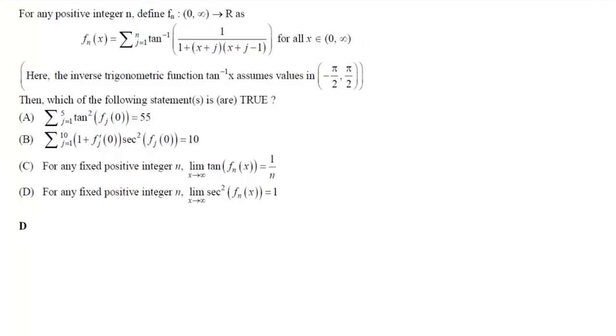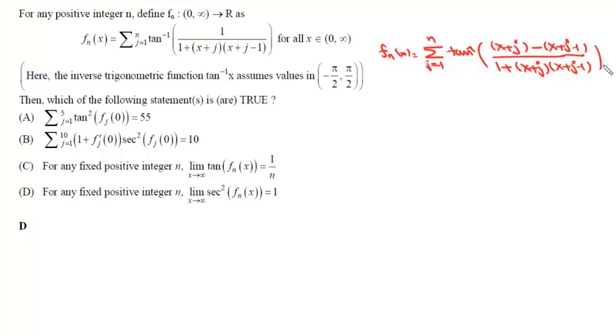Now for this question, we are given this function fₙ(x), which is this summation, j varies from 1 to n, tan⁻¹ of 1 over (1 + (x + j)(x + j − 1)). And the numerator, we can write this one as (x + j) − (x + j − 1), for all x belongs to 0 to infinity.